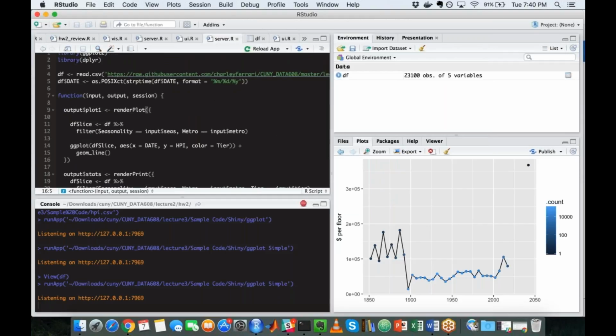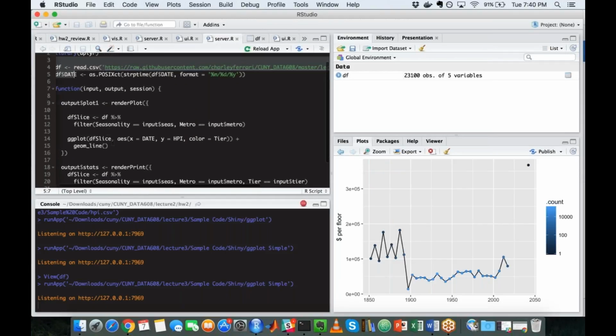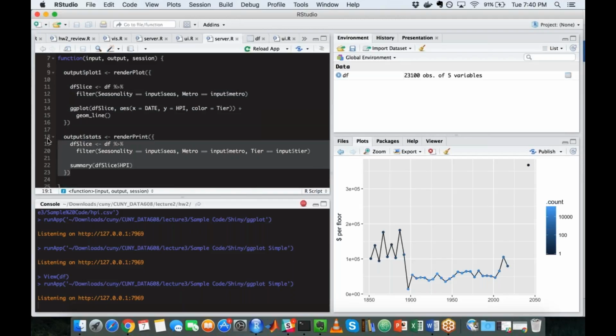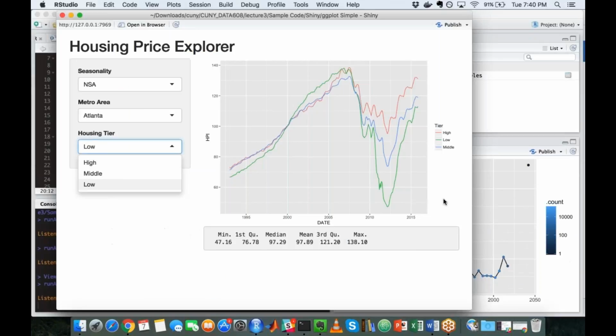But over here, when you're bringing in all of the data and you're separately calculating that plot and that stats output, you can end up with problems, because if you're thinking about the logic of this app, you're considering this to be a subset of this.